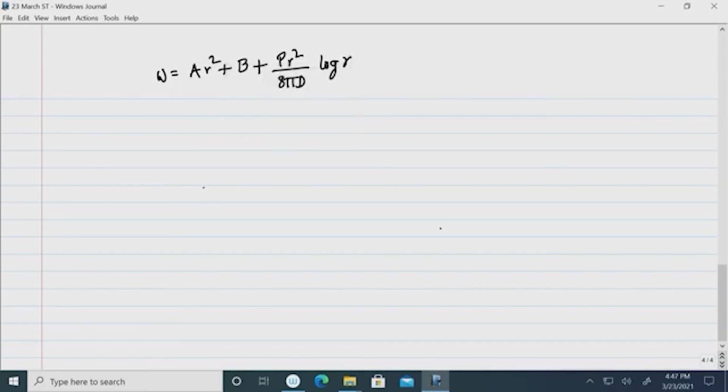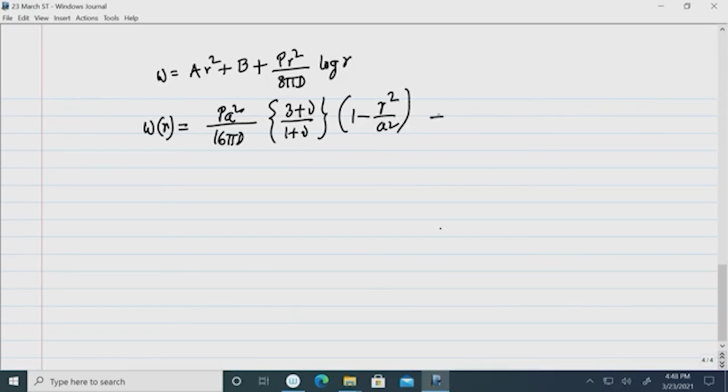After substituting the values of A and B, we now finally obtain the deflection in this form, that is deflection will be now written or simplified as w(r) equal to P a square by 16 pi D, 3 plus mu, 1 plus mu, into 1 minus r square by a square, plus P r square by 8 pi D into log r by a.